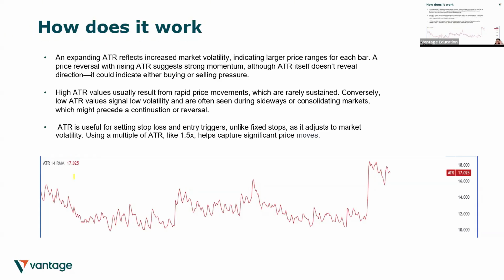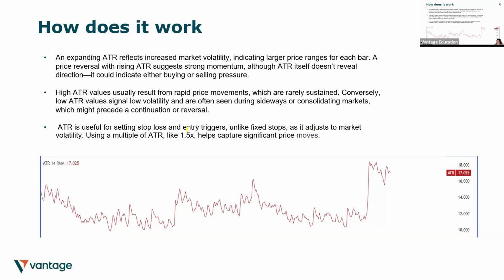Okay, so how does it work? An expanding ATR reflects increased market volatility, indicating a larger price range for each bar. A price reversal with rising ATR suggests strong momentum, although ATR itself doesn't reveal direction. It could indicate either buying or selling pressure.